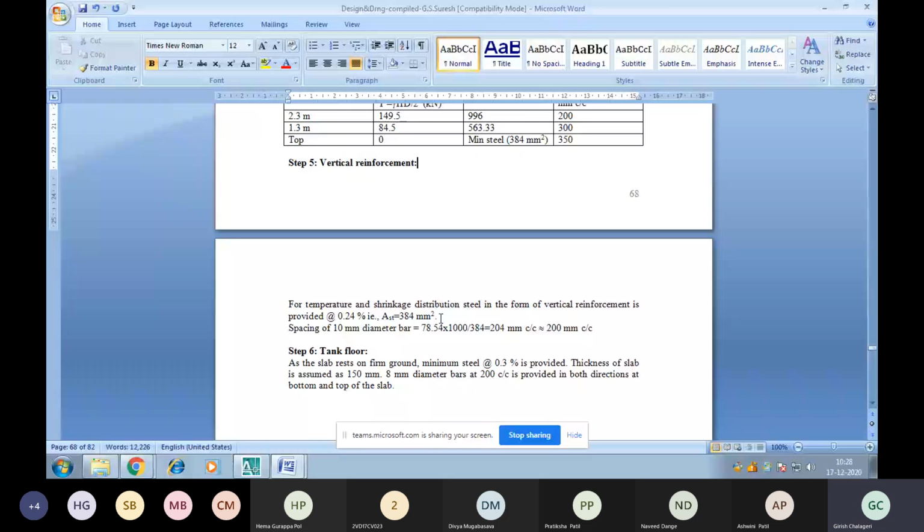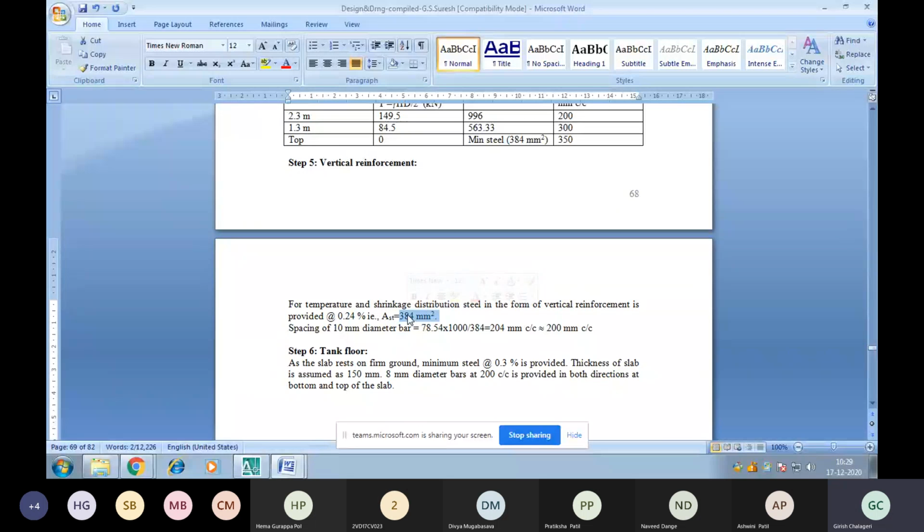So for this, let us use the 10 mm bars or 8 mm bars, whichever is convenient. So here I am using 10 mm dia bars. If you use 10 mm diameter bar, spacing of bar required will be area of single bar into 1000 divided by the whole area, that is 204 mm required when we provide 10 mm dia bar.